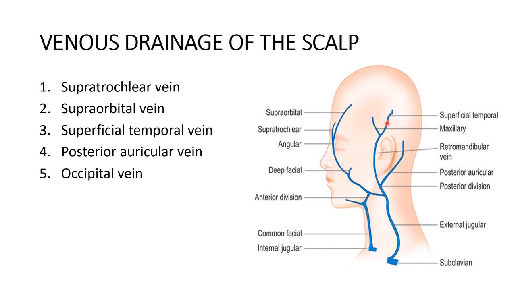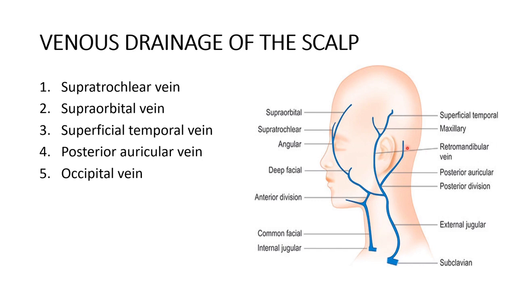We also have the superficial temporal vein, which descends anterior to the tragus, and it enters the parotid gland. In the parotid gland, the superficial temporal vein joins with the maxillary vein to form the retromandibular vein.